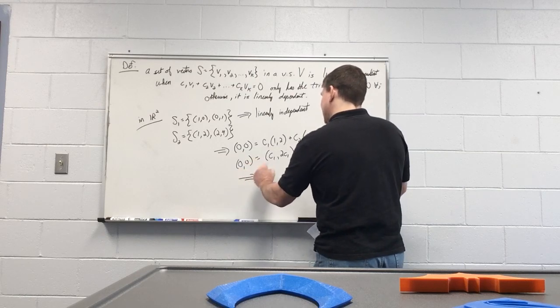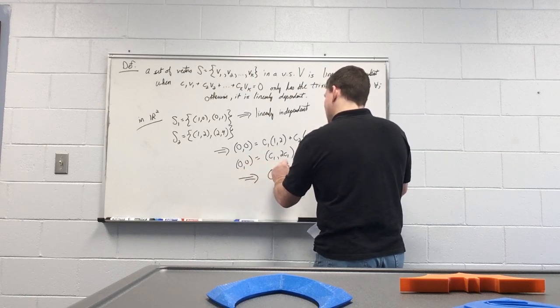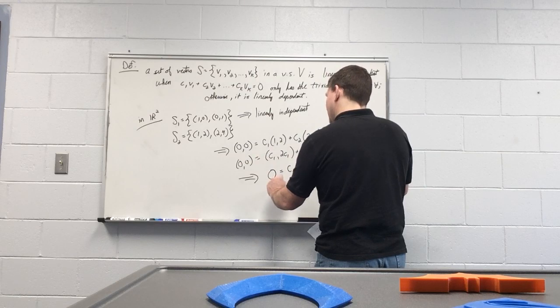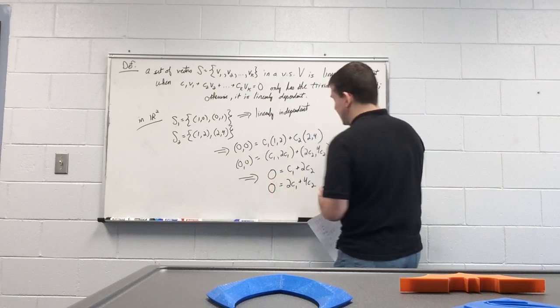Then if I write this as a system of equations, 0 is equal to c sub 1 plus 2c sub 2. That's the first component. 0 equals 2c sub 1 plus 4c sub 2.